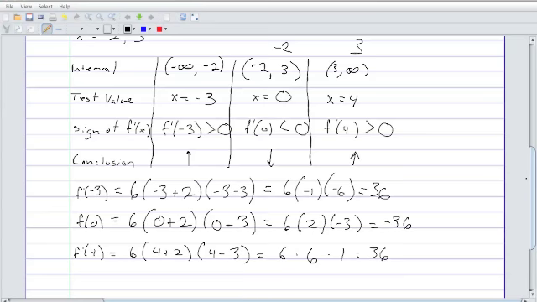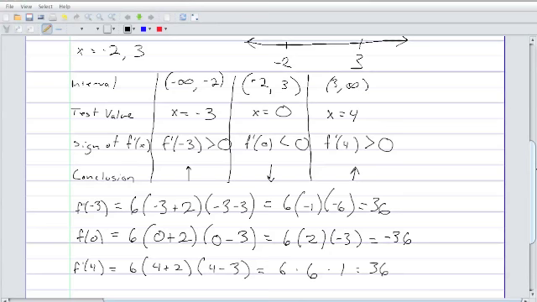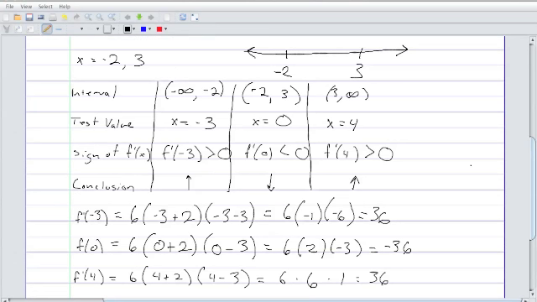So from here, this tells us, okay, if we look at the critical number x equals negative 2, the function is increasing on the left and decreasing on the right. So negative 2 should be a relative maximum, and 3 should be a relative minimum.